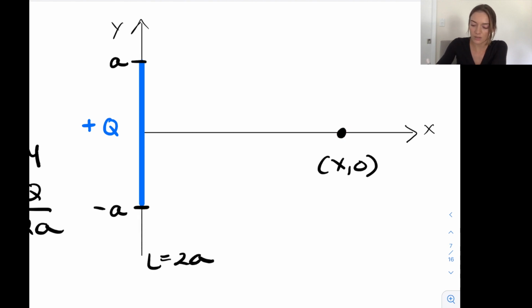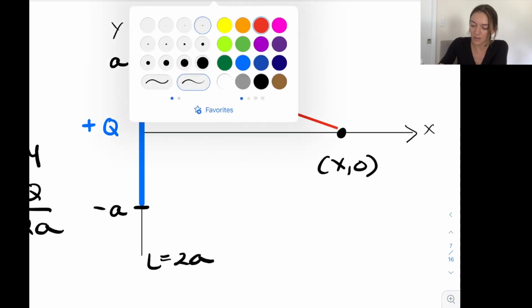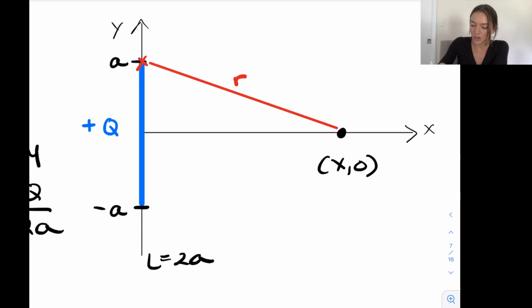Let's start up here, at that top point where y is equal to a. So r is going to be this distance. We can just use the Pythagorean theorem here, because r makes a triangle with a right angle over here.